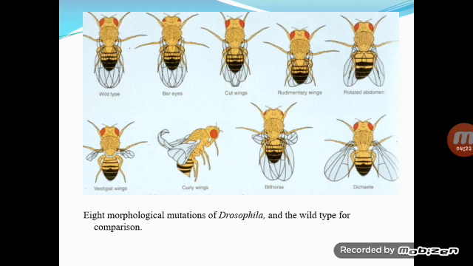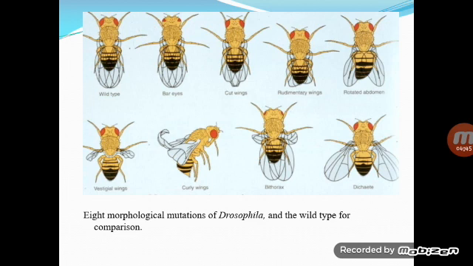We compare all mutants with this wild type. Bar eyes, you can compare the eyes of this one with the wild type, that are different from wild type. Curly wings, cut wings as compared to wild type.